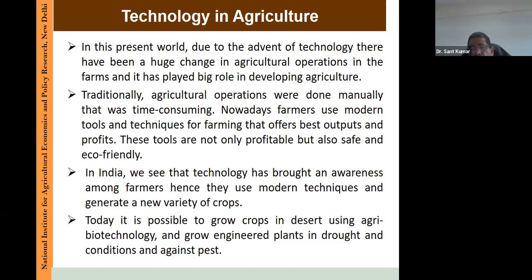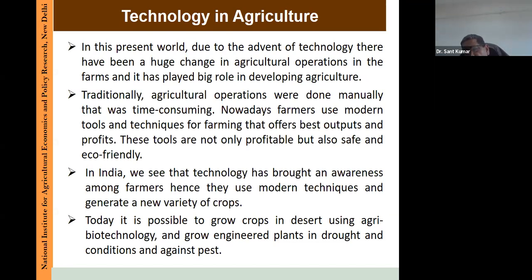Nowadays, farmers use machine tools and techniques for farming that offer the best outputs and profit. These tools are not only profitable but are also safe, eco-friendly. In India, we see that the technology has brought an awareness among the farmers. Hence, their use has increased.